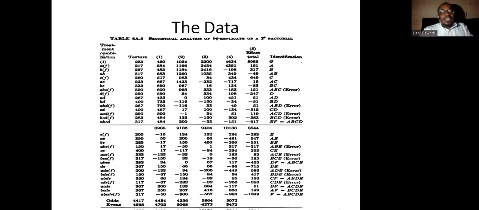Now, these are the 32 main effects and interactions. Since we are halving, we will take our addition and subtraction to the fifth. 2 raised to the power 5 is 32. And mind it, like I said, as a check, the value here must be equal to the value there.